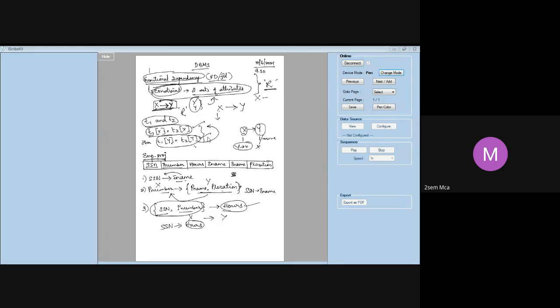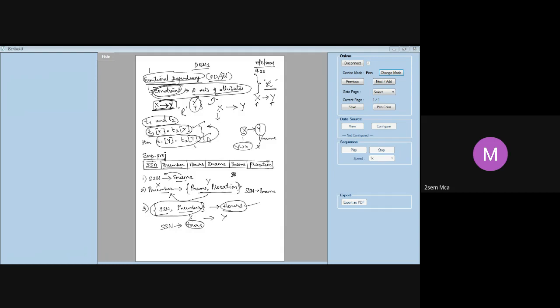You denote it as X determines Y. X is one set of attributes, Y is another set of attributes. X functionally determines Y, or I can say Y is functionally dependent on X.